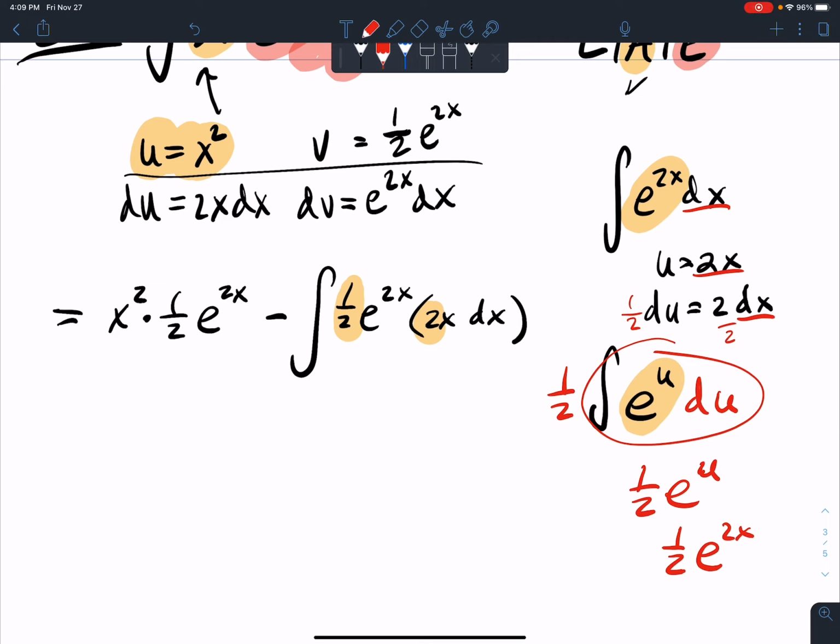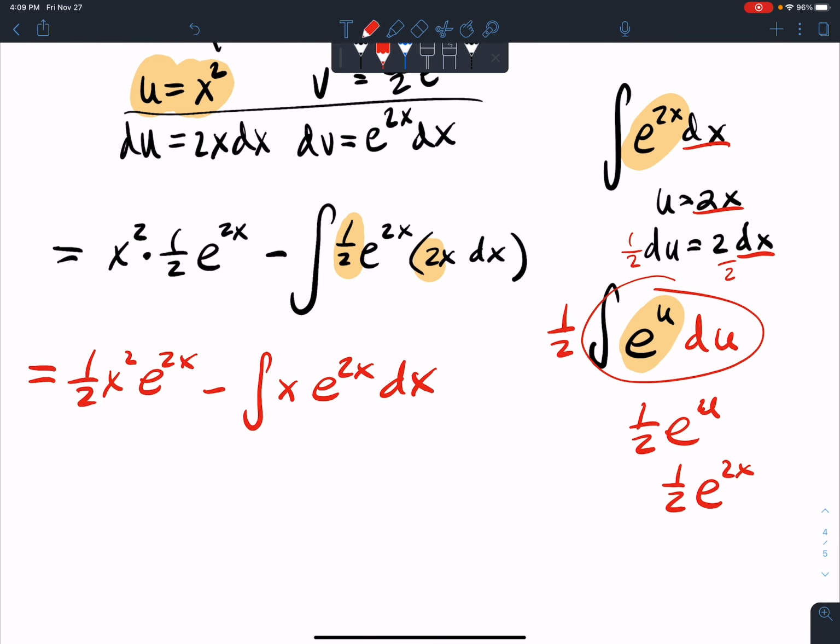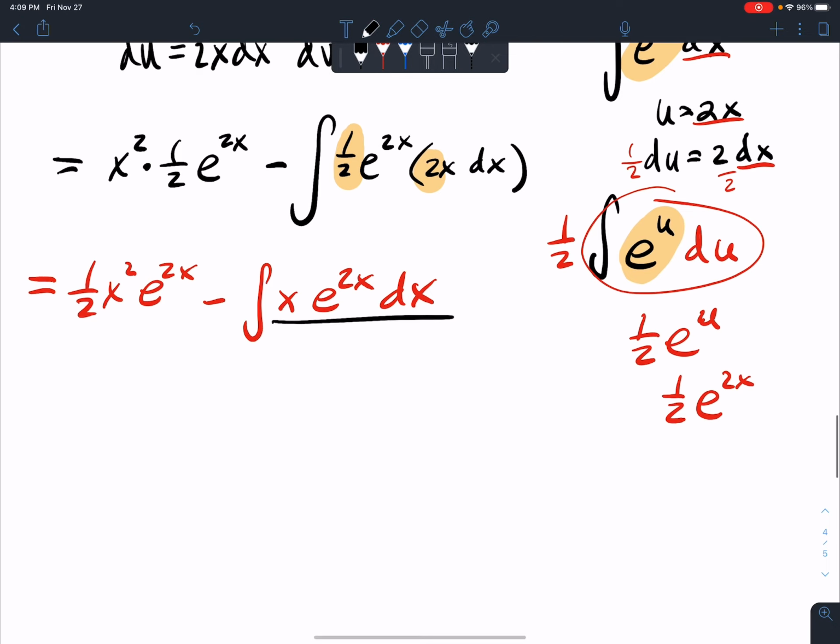So what do we have? We've got 1/2 x squared e to the 2x, and then minus integral of x e to the 2x dx. Now, once again, we run into the scenario where we've got the answer here, but this one is not so easily found by just doing a rule. So we have to use integration by parts again.